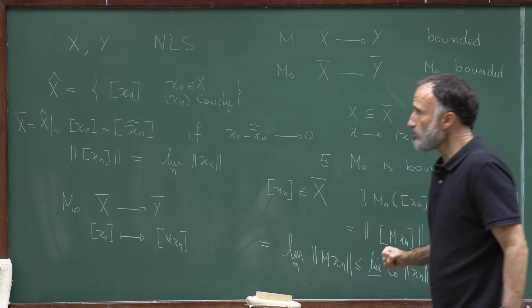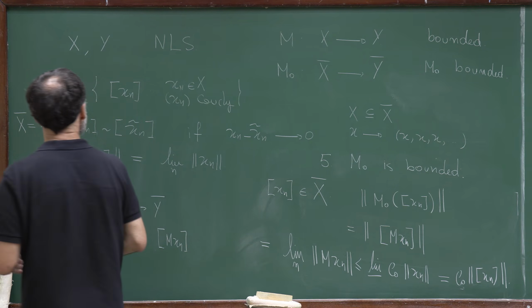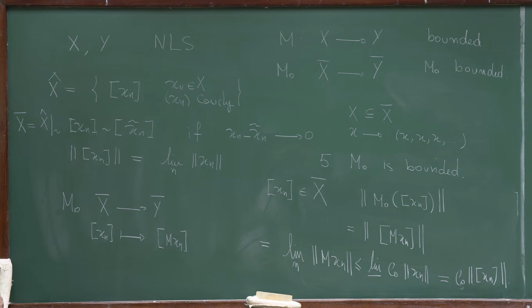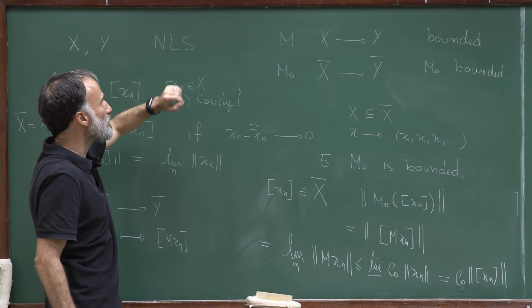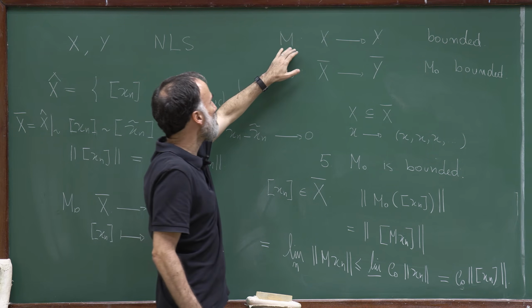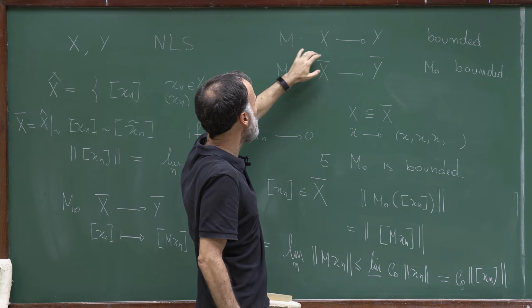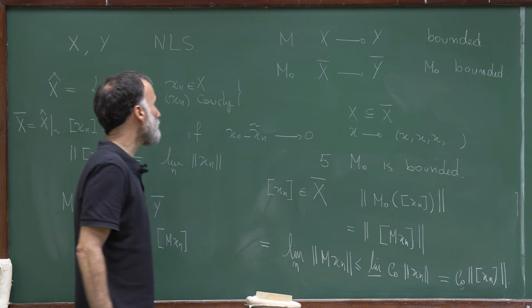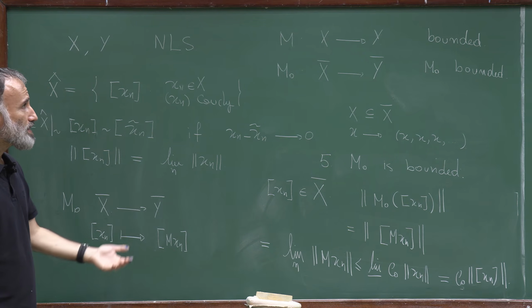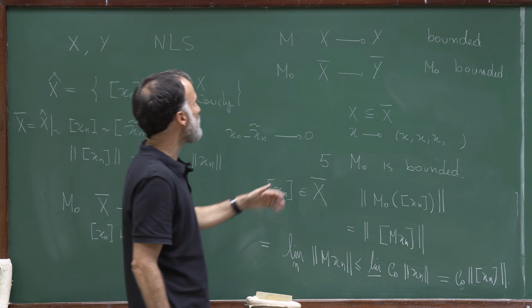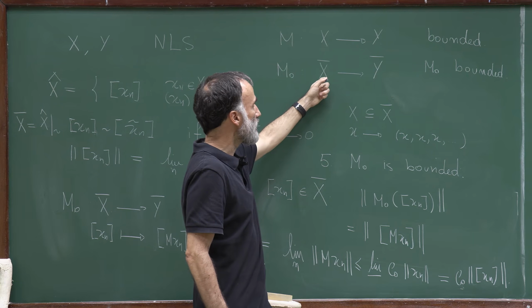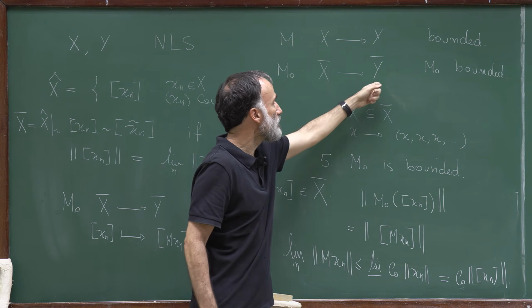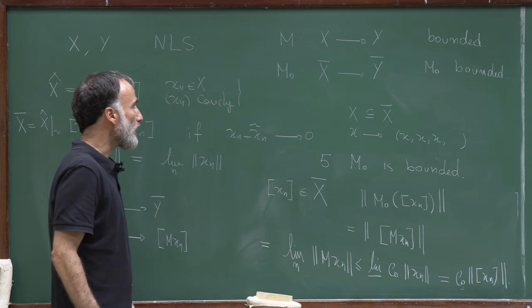So therefore, in conclusion, the conclusion is as follows. Assume that x and y are two normed linear spaces, and that we have a bounded linear map M defined from x to y. Then we can extend this bounded linear map to another one, which is defined on the completion of x and takes values in the completion of y.